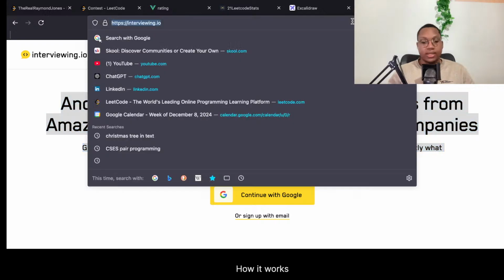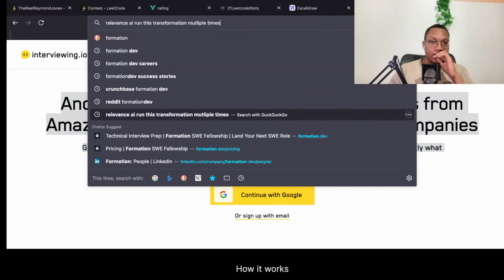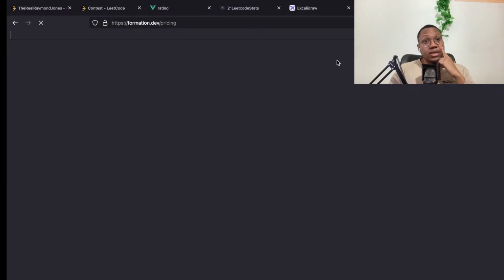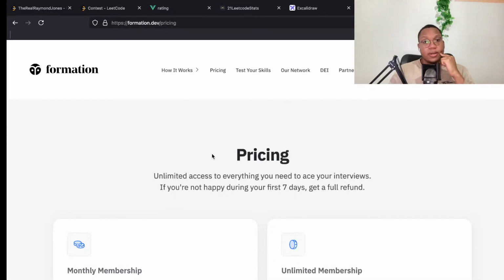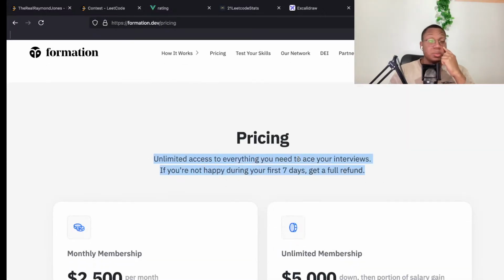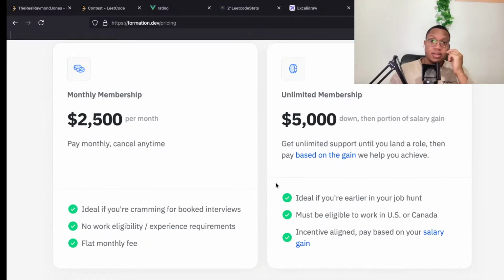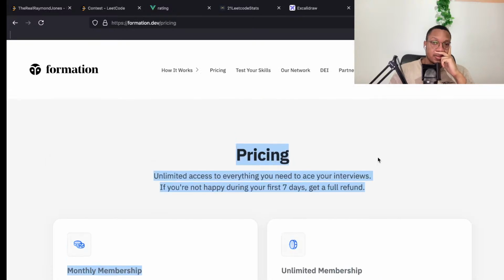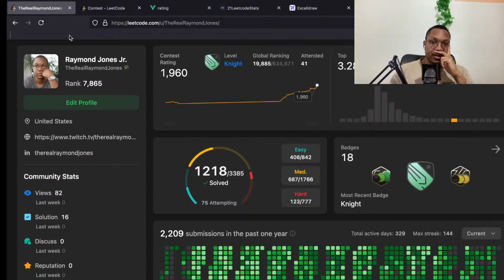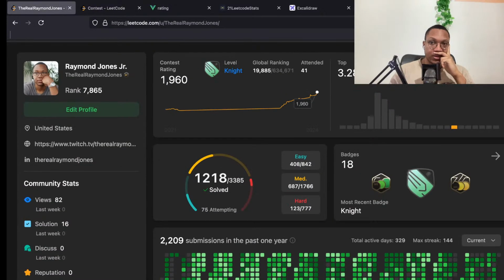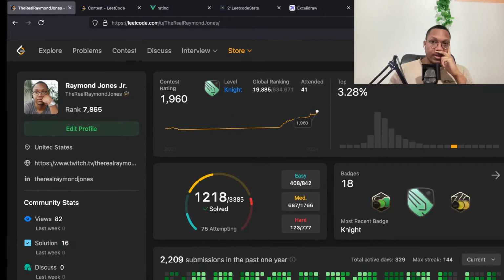I think formation.dev is the only one who's actually doing something like this, where they basically help you as much as they can. But anyways, I'm trying to do a business model like this, where I'm just helping people get jobs. And because of that, I don't want to interview and work for companies. Although great, I didn't want to do that before, but not super much.